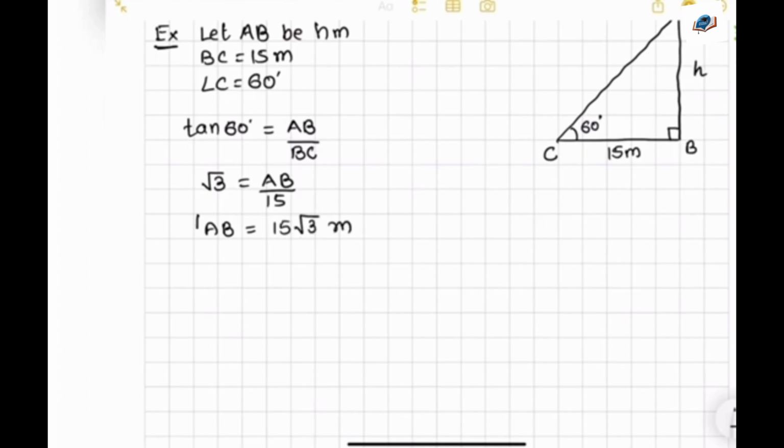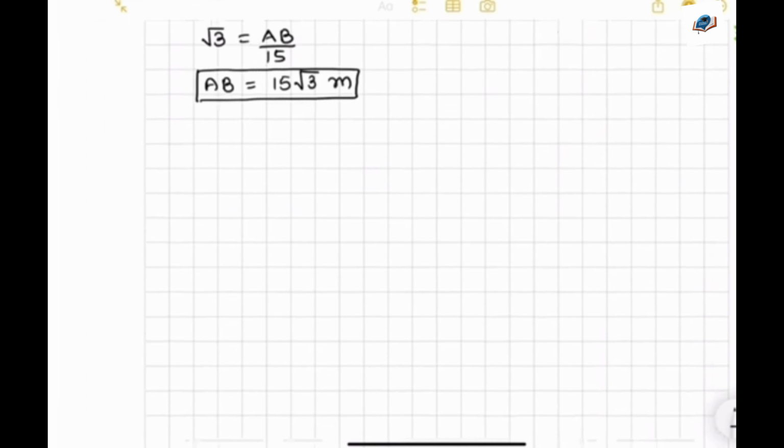Now let us consider one more pattern of sum, where the other situation comes when the observer is standing on some height and watching. Let us take one example related to that also.